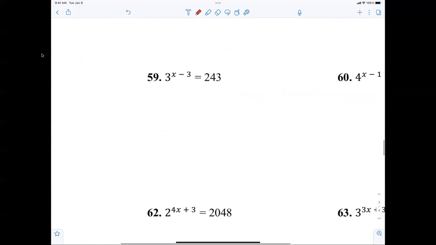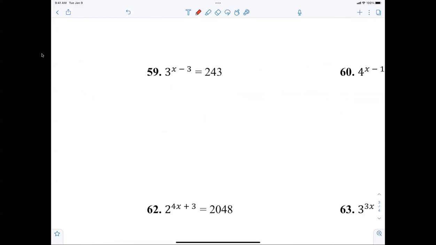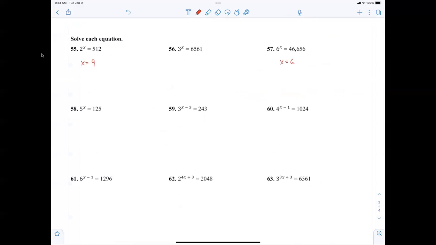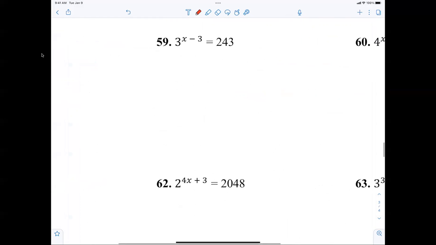Okay. 3 to what power? Oh, hold up, go. Three to what power? 3, right? 59. 3 to what power is 243? Anybody else get 5? So answer is x equals 8.